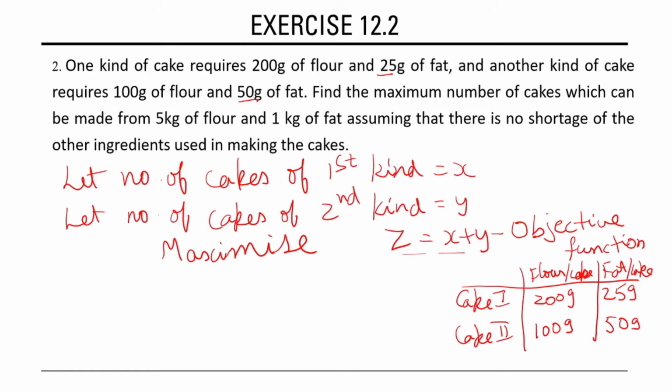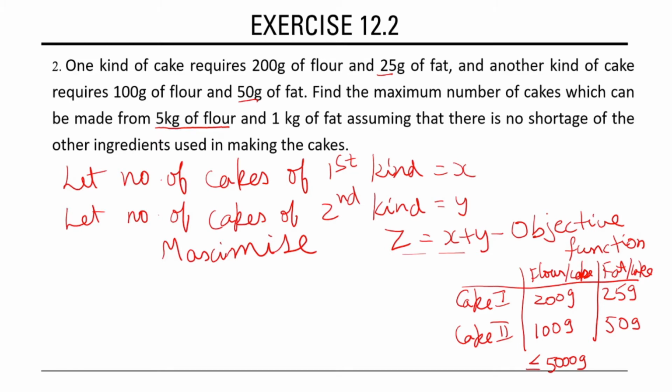Now, they have also said find the maximum number of cakes which can be made from 5 kg of flour. Here we have the flour per cake required in grams. So we are converting this 5 kg into grams. So we are having the constraint as only 5 kg of flour, so this is less than or equal to 5000 grams.